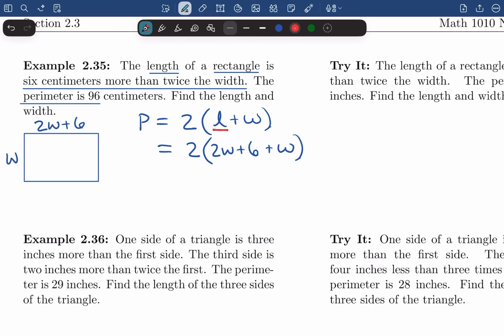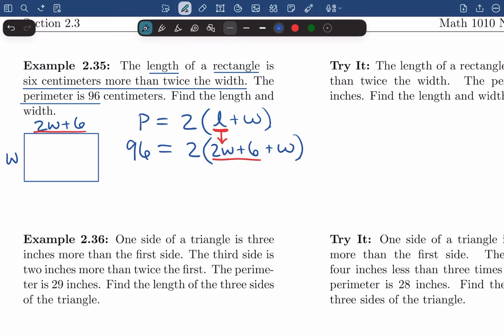So what did we just do? We just replaced the length with 2w plus 6, because that's what they said it was. And we can also replace the perimeter P with 96 centimeters. I now have an equation that says 96 equals 2 times 2w plus 6 plus w.